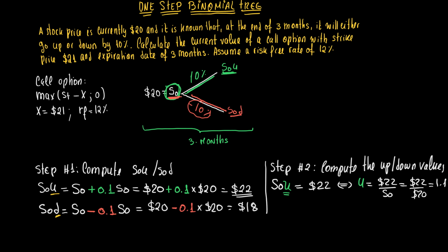The same reasoning is applied to find the down value. We know the stock price going down is $18. We computed it here.